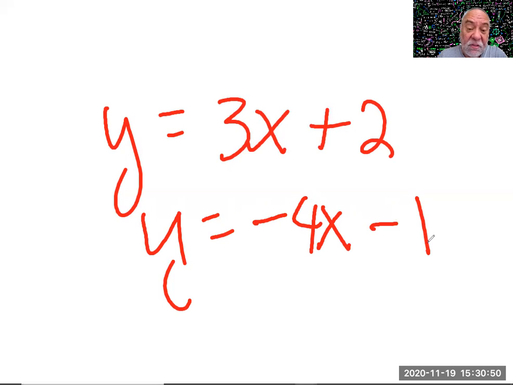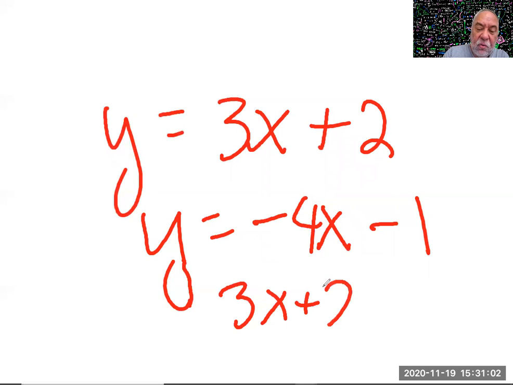In other words, what's the solution? So you can plot them like that. Another way you can do that is set them equal to each other. Okay, you can say, hey, 3x plus 2 is equal to negative 4x minus 1. Okay, and that'll solve for x. So add 4x to both sides.